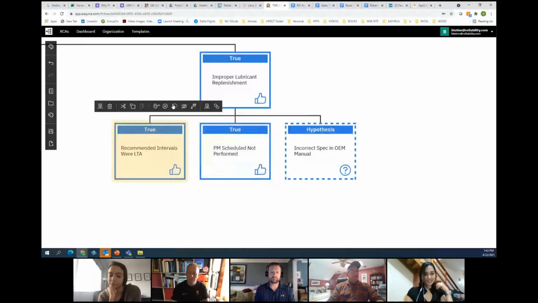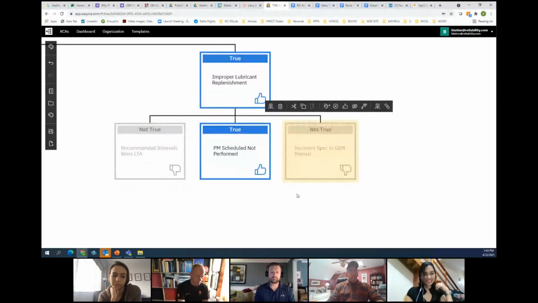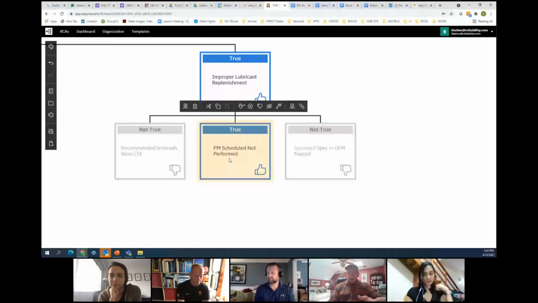All right, so let's go ahead and try that one and say, people chose not to do a scheduled PM in this case. This is a cue, a tip and trick: we're at a point where there's a choice.